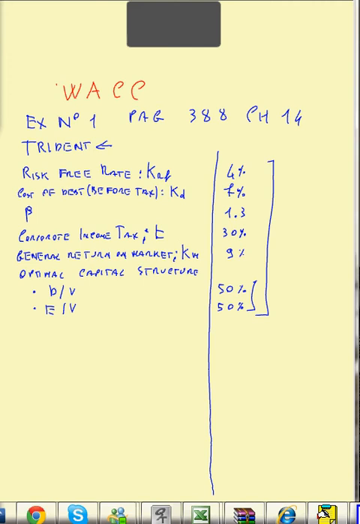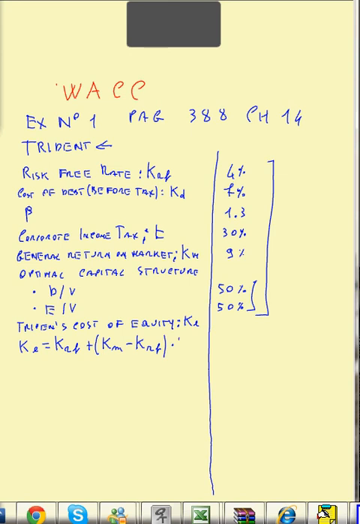Trident's cost of equity, we denote by KE, is equal to the risk-free rate, KRF, plus the difference between KM, the general return on market, minus the risk-free rate, multiplied by beta.